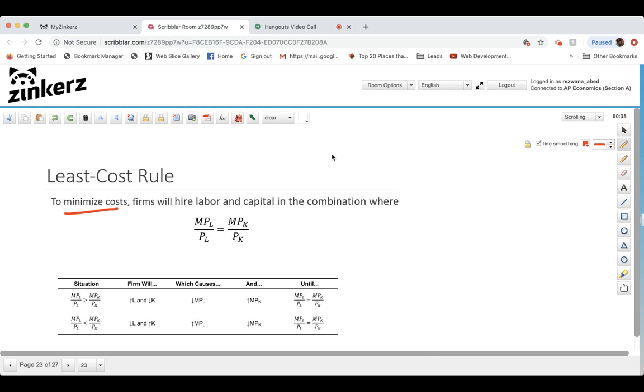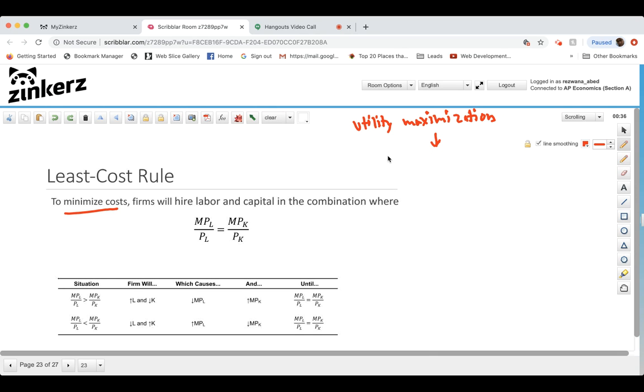Okay, so hopefully this will bring back some memory from when we talked about utility maximization. Way back, when we talked about consumer theory, we had this idea about utility maximization when consumers were trying to decide between different goods to consume. What combination of two different goods should I consume that will maximize my utility?